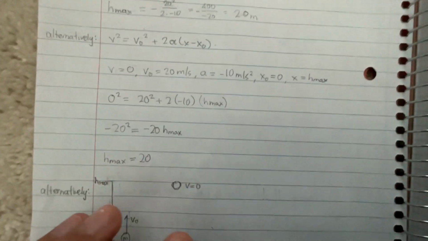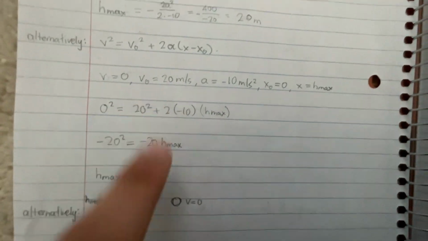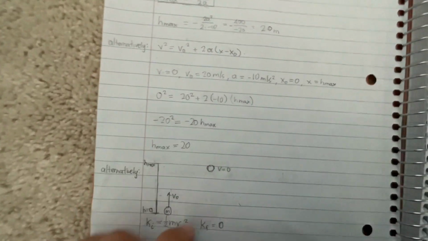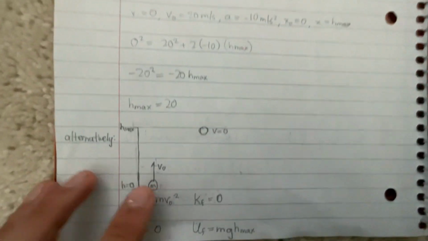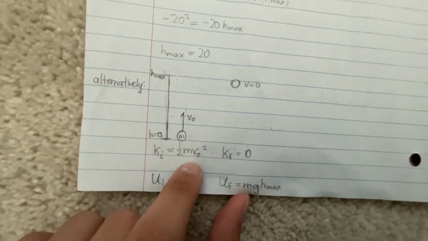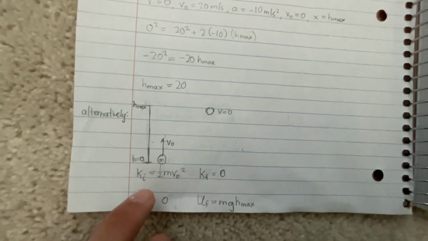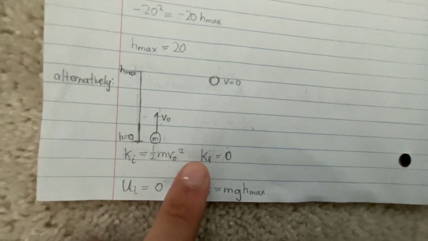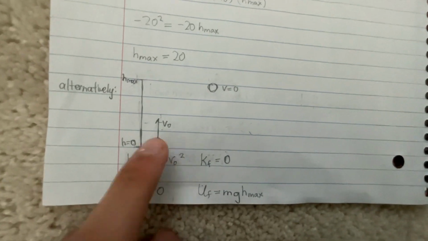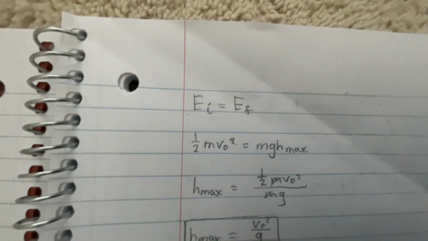This was just another way, but my physics teacher didn't really tell me how to prove this, so I just put it on there anyway. Maybe I'll prove this in the future. We'll see. Alternatively, we got this as well: the initial kinetic energy and the initial potential energy, so energy initial and energy final.